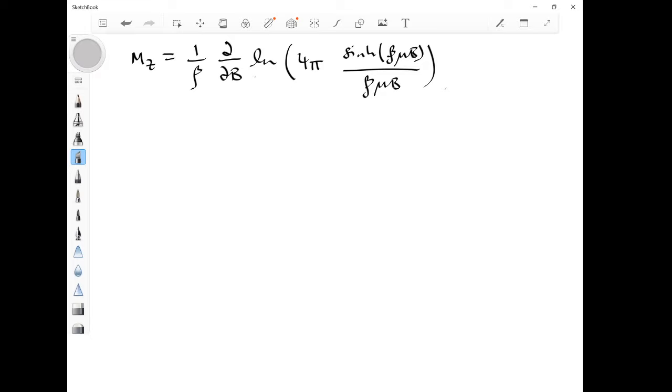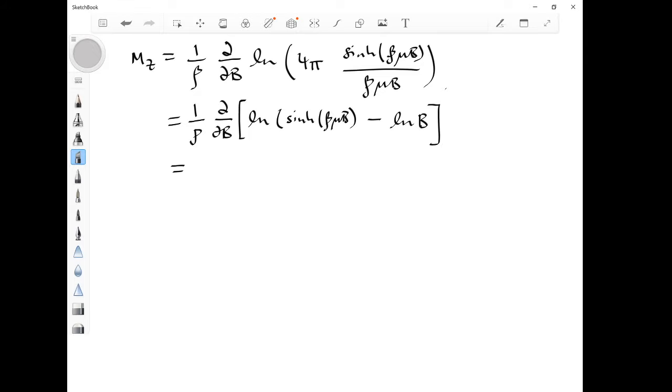And we see that some terms are going to contribute to this derivative and some aren't after we expand this log. So I'm just going to put the things that are actually going to contribute here. So we've got log of sine beta mu b minus log b.